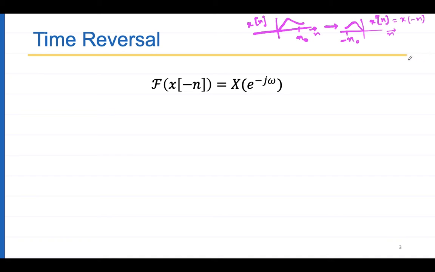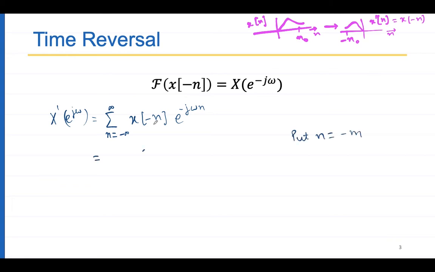So how do you prove it? How do you find the Fourier transform? Just go back to the basics. The Fourier transform is given by x of minus n multiplied by exponential of minus j omega n and summed over all the n's. And now you want to put it in a form which is X(e^jω). For that, just replace n with minus n. Put n equal to minus m.